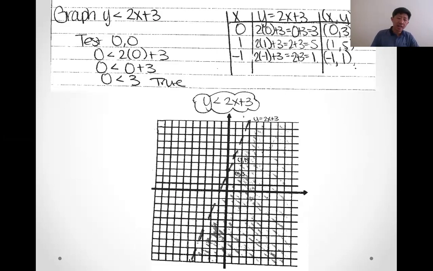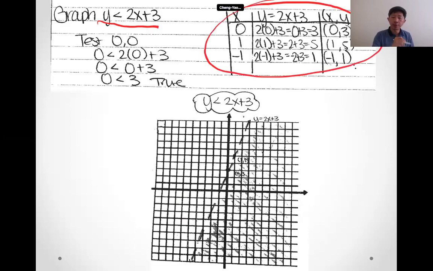Y less than 2x plus 3, all right? So now, again, we have to find what the line is, okay? Find wherever the line is, right? So I can start with a 0, all right? A number is easy to calculate, okay? So 0, plug in there. So I got 0, 3.